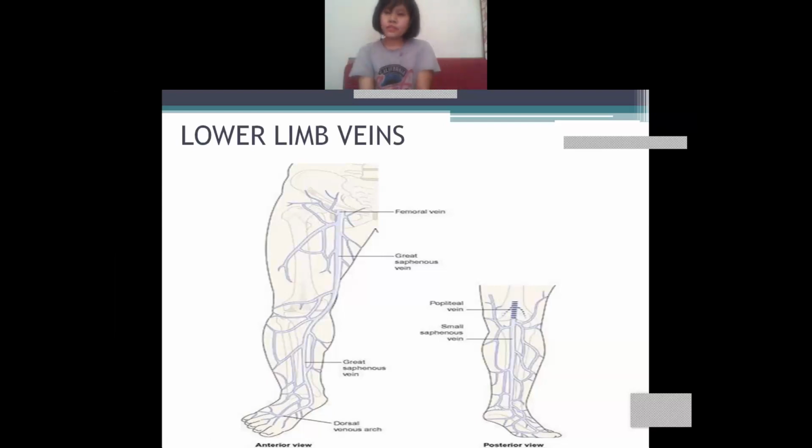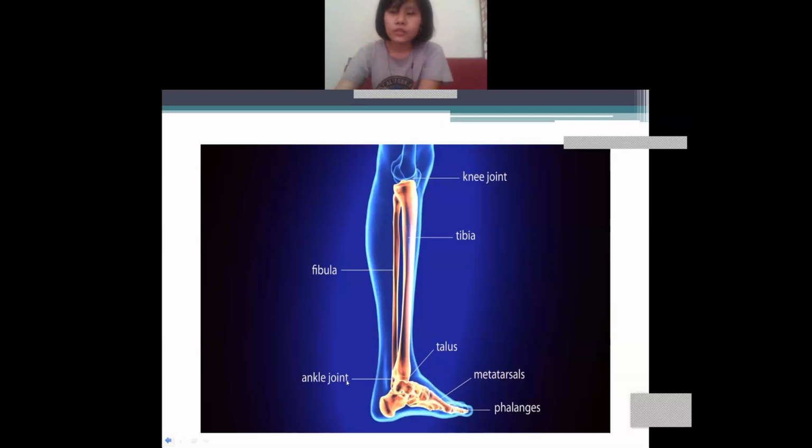The great saphenous vein is the longest vein in the human body. Where does it lie? First, it lies in the dorsum of the foot, this portion. Then it comes towards this portion, that is the tibia side. This is the tibia, right?